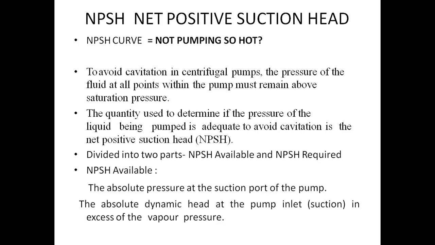It is divided into two parts, NPSH available and NPSH required. NPSH available is the absolute pressure at the suction port of the pump, the absolute dynamic head at the pump inlet in excess of the vapor pressure.